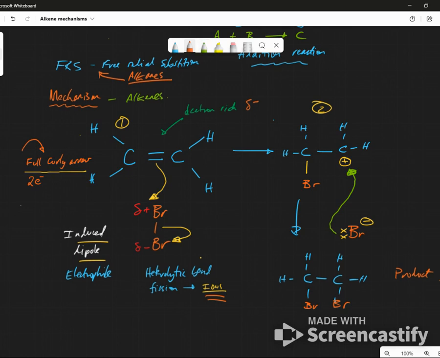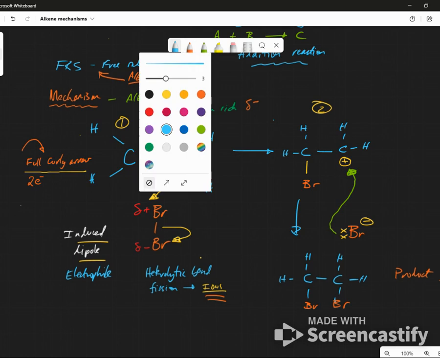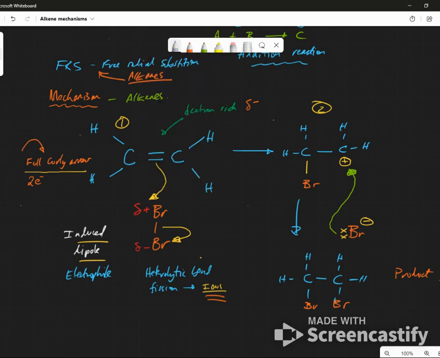Now, what's this mechanism called? It does have a name, all right? Because the bromine attacks the double bond, this is known as electrophilic. Electrophilic means the first thing that happens is something attacks electrons. And the whole thing is an addition reaction.